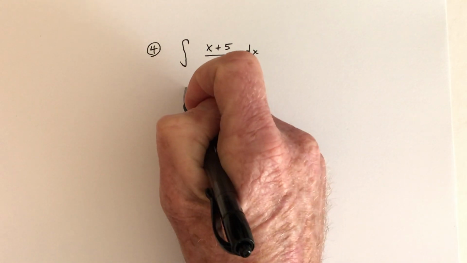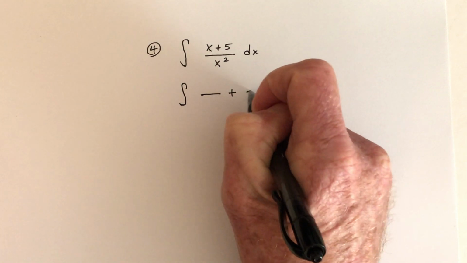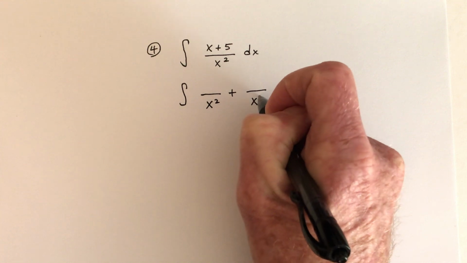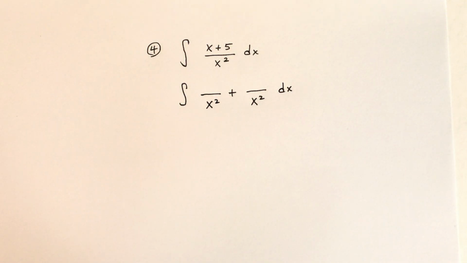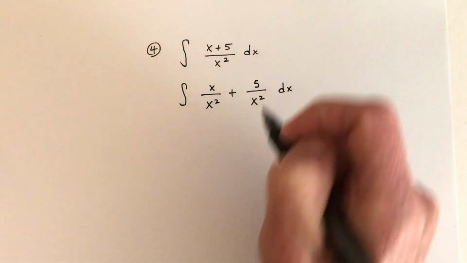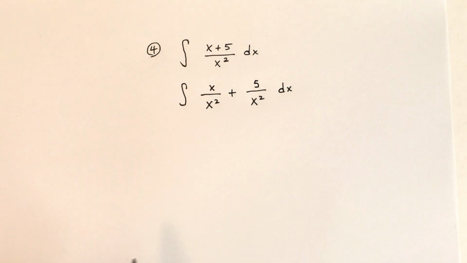So instead, what you do is use algebra and say, you know what? I'll bet somebody had 2 fractions. Each of them had the common denominator x squared. One fraction had x on top and the other one had 5, and then they added these together to get that.